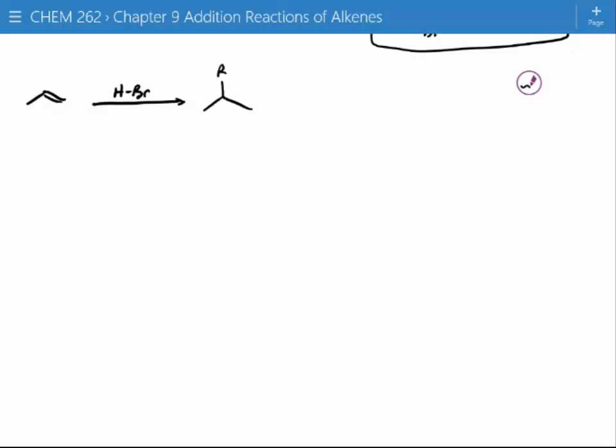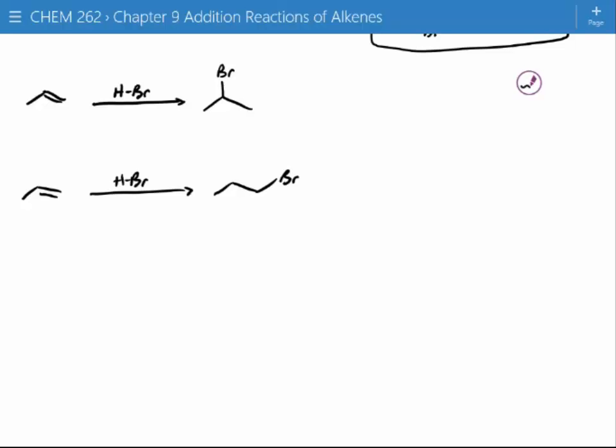It should result in this product. But oftentimes what they would observe was they would add hydrobromic acid, and instead of getting that top product, they would actually get the bromine adding on to the other side. And for quite a while, this was a challenge. Nobody could figure out what was going on or why it was going on.